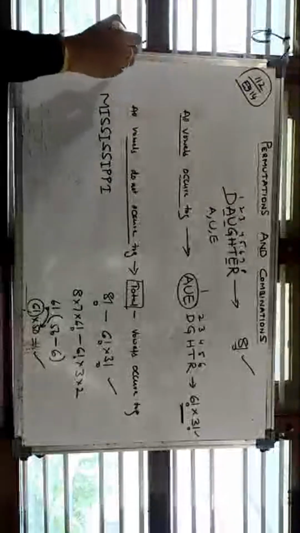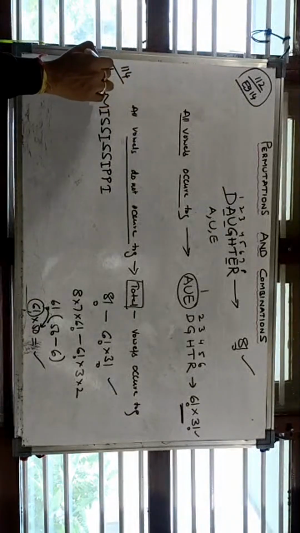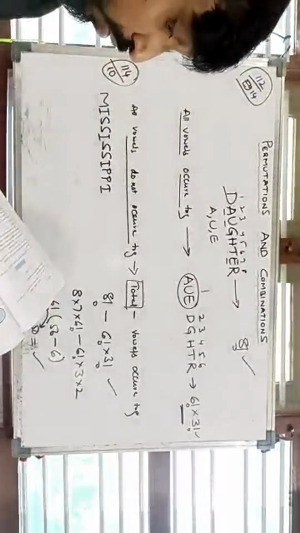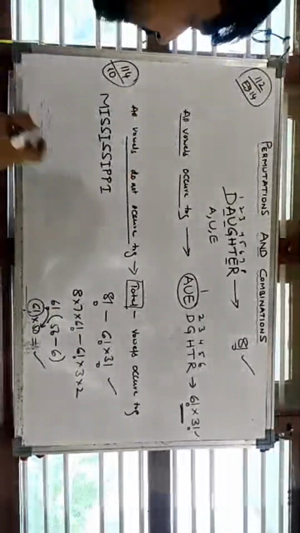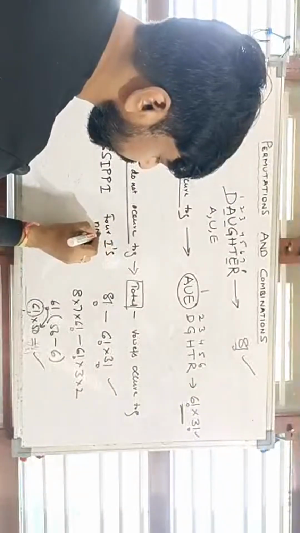This is page number 114, exercise 6.3, question number 10. In how many distinct permutations of the letters of Mississippi do the 4 I's not come together? 4 I's, what are they asking? 4 I's not come together.